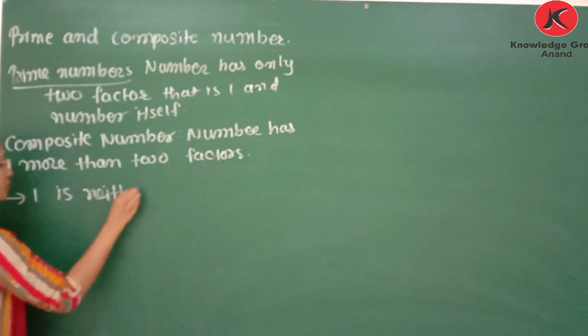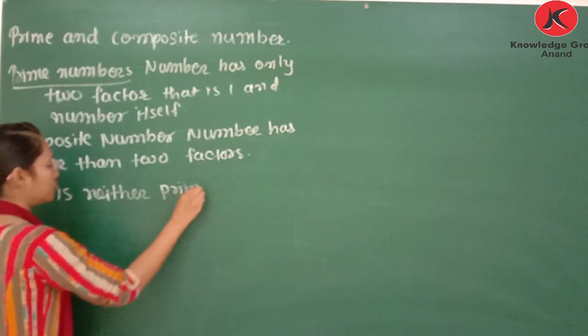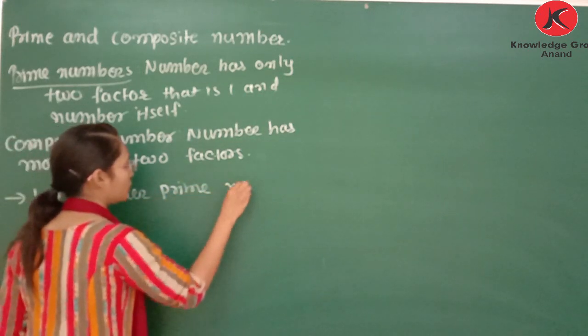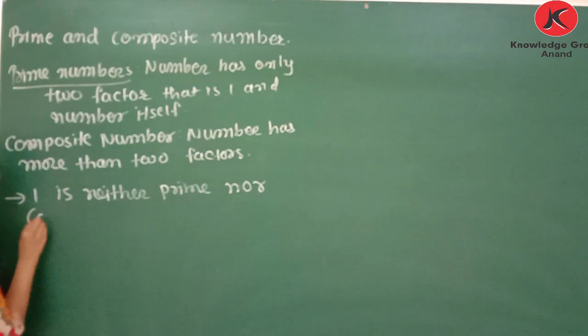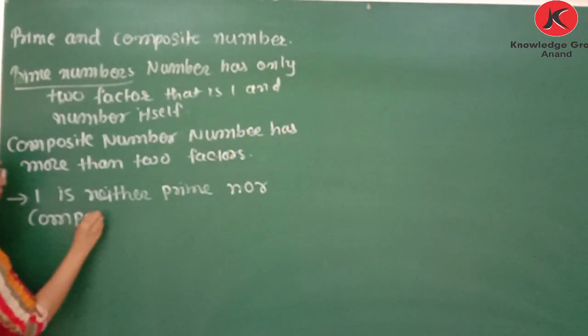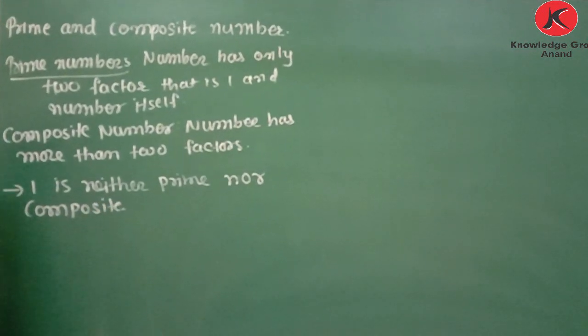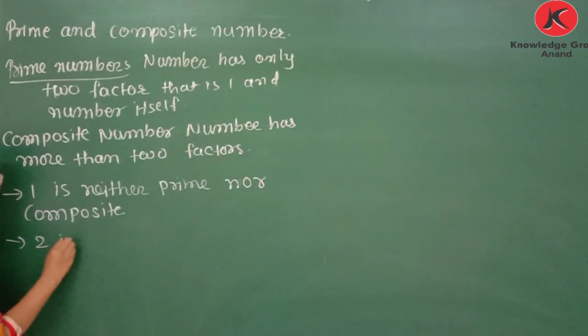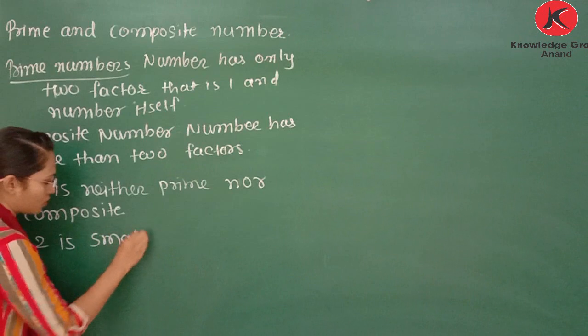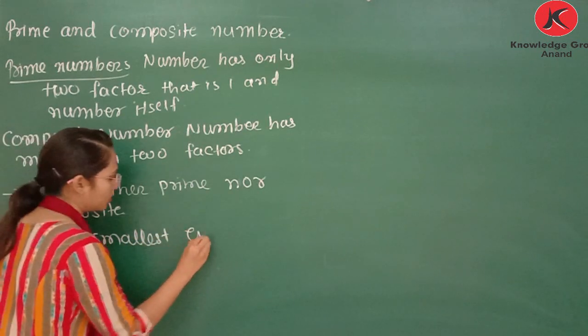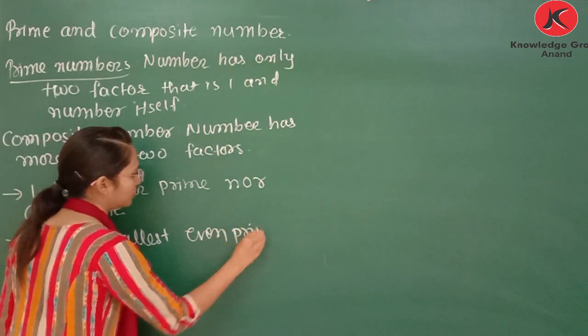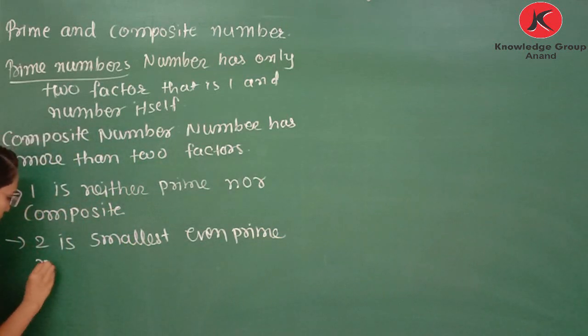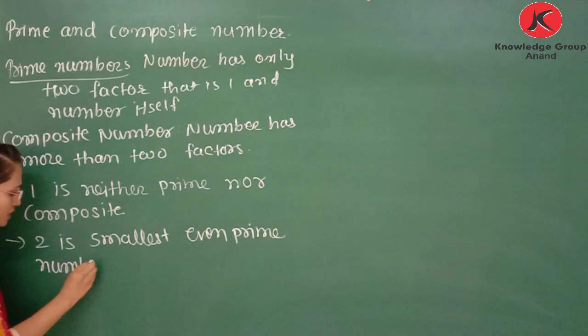One is neither prime nor composite. 2 is the smallest even prime number. Other prime numbers are odd.